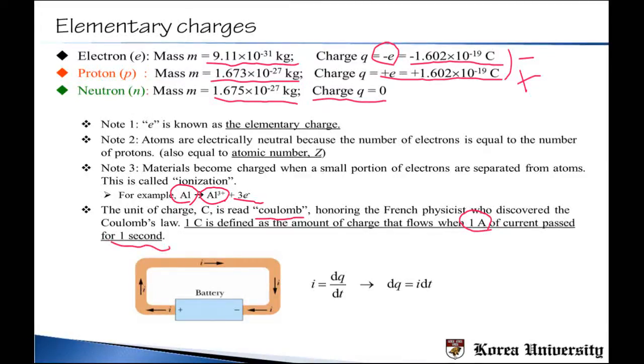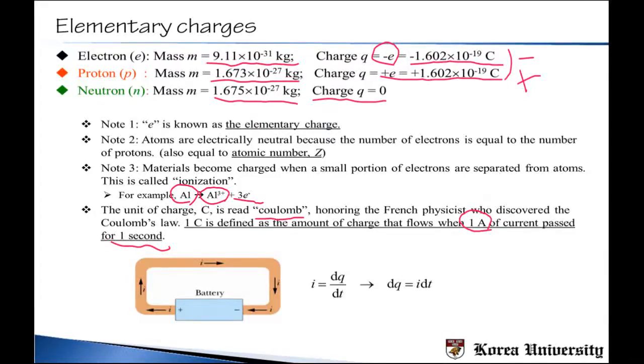Well, we have not yet learned what 1 ampere is, but you have to define either 1 coulomb first or 1 ampere first, and we will soon see later how we define 1 ampere. But right now, let's remember that 1 coulomb is defined as the amount of charge that flows when 1 ampere of current is passing for 1 second.